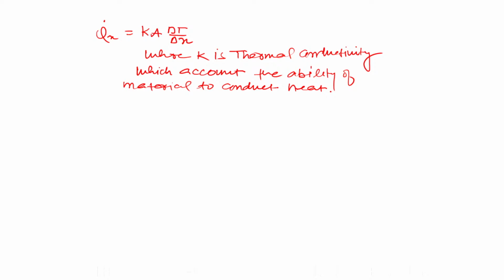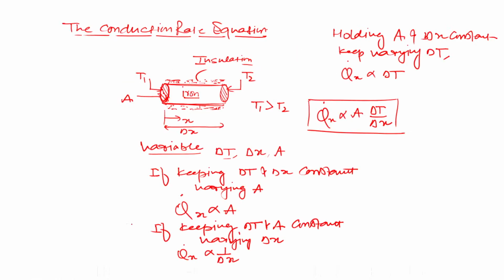If we are going to evaluate this equation in the limit delta x tends to 0, the same equation that I have written here, then how can I write this heat rate equation?